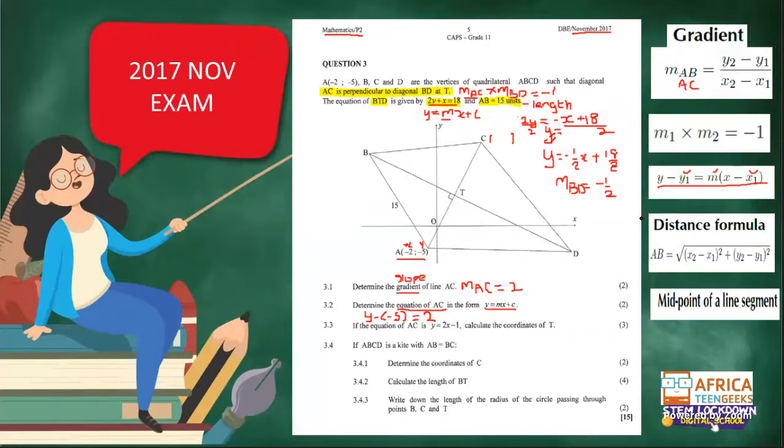So we have y minus (-5) equals 2 times (x minus (-2)).